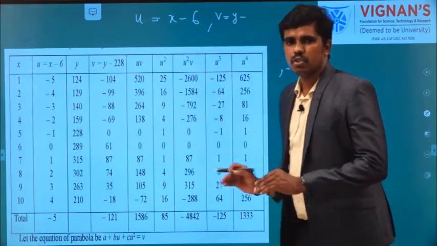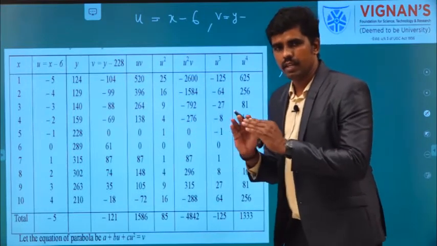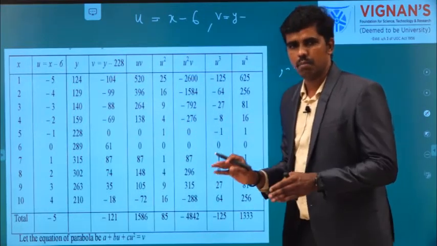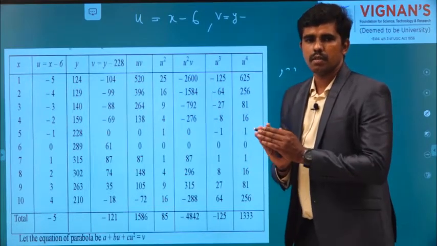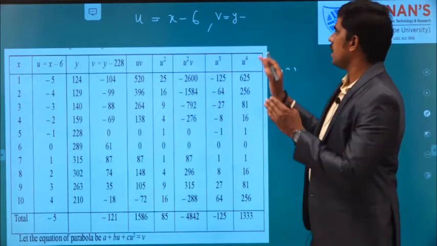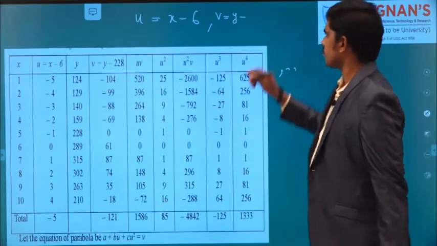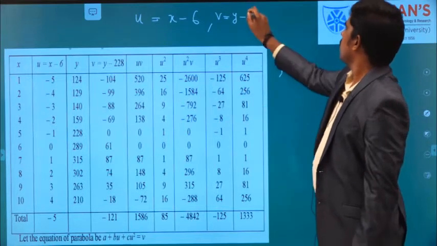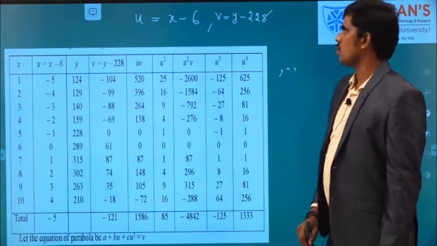If you are assuming in a correct way, you will get a better solution, you will get a parabola. But if you assume somewhat exact value, then you get a better approximation parabola curve. So what I am going to assume is 228. Okay, v is equal to y minus 228.